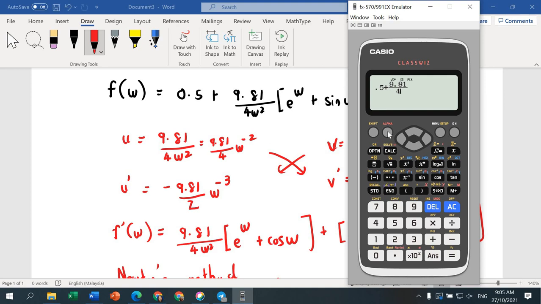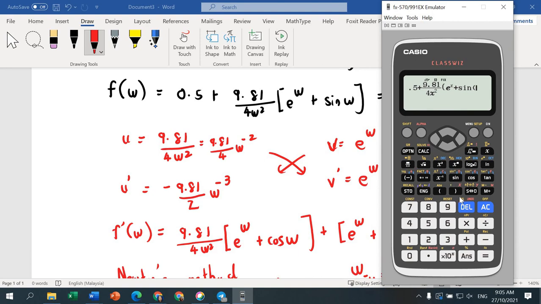We don't have w on the calculator, so change it to x. This one is f w.